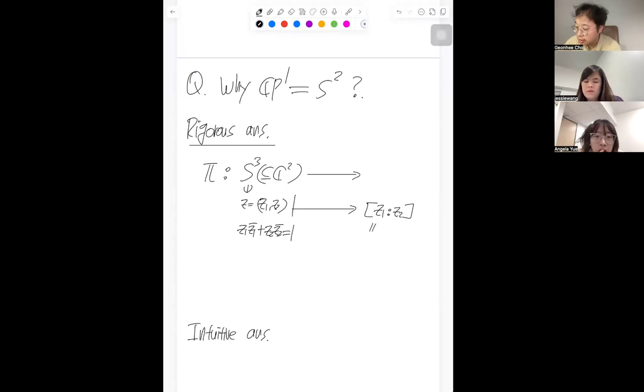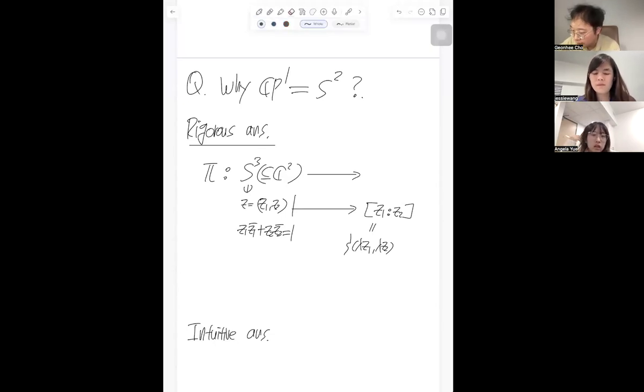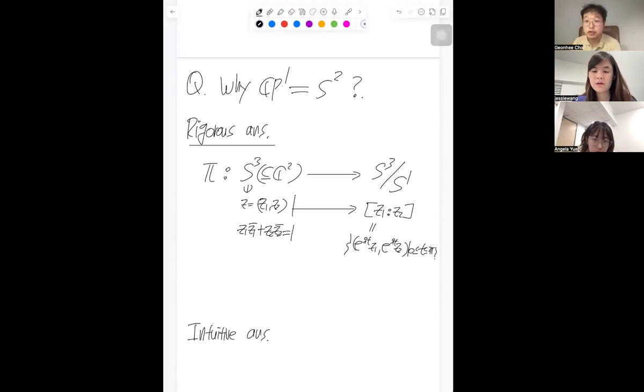This means a collection of the pair lambda Z1, lambda Z2. But I just need to collect e to the it Z1 with e to the it Z2, where t is from 0 to 2 pi. So the codomain of this map is S3 quotient out by S1. So I have a map from S3 to S3 quotient out by S1, because this is an element of this set.